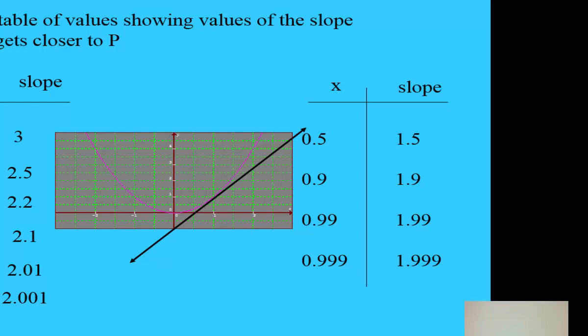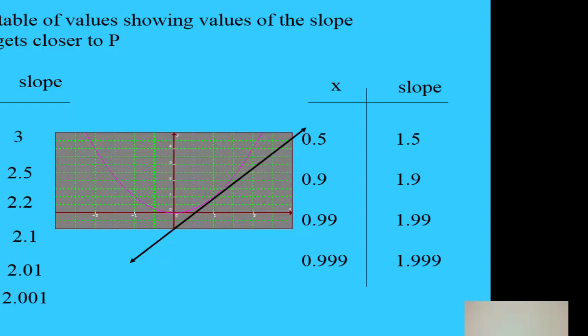And now those values are getting closer and closer and closer. So it appears that these two calculations from the left and the right are squeezing the value of 2. So we're going to estimate that our slope of this tangent line is 2.